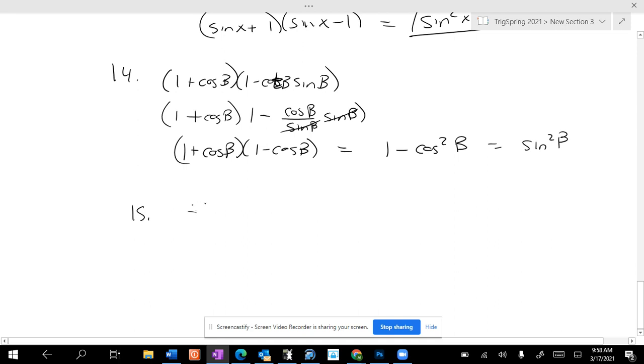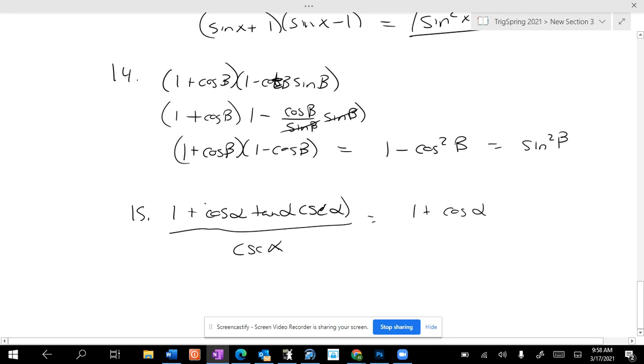We have 1 plus cosine of alpha times tangent of alpha times cosecant of alpha over cosecant of alpha. All right. What should I change tangent of alpha into, Matthew? Sine over cosine.